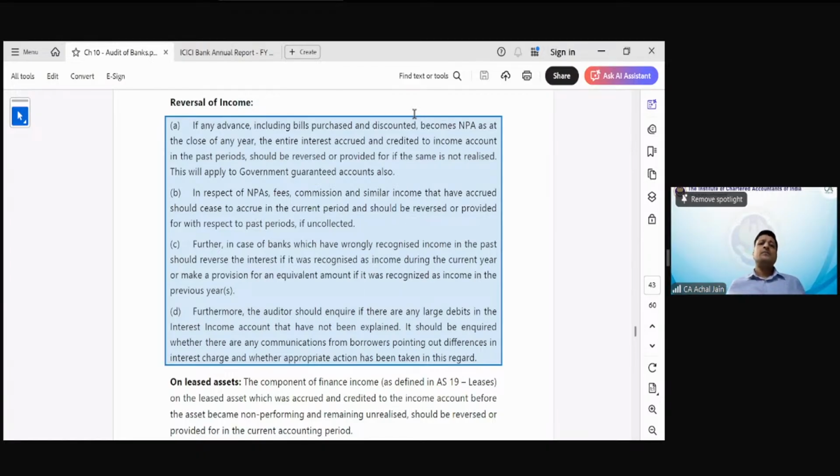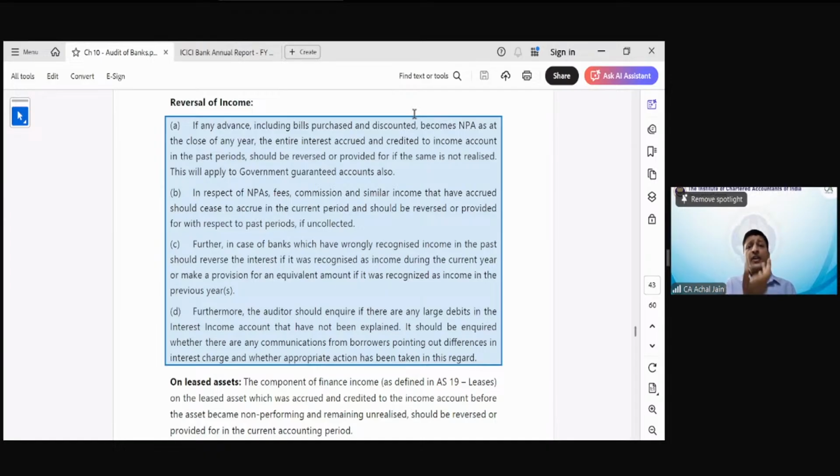Correct? Fair point. But what about the interest income which the bank has already recognized and which the bank has not yet received? We discussed that income can be recognized on a receipt basis, cash basis. So this 60 crore income up to December, let's suppose out of that 60, 50 crore is still pending and 10 crore is received, so we'll let that remain.